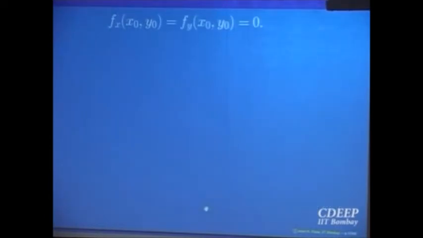Now we are going to analyze local maxima, minima, or saddle points, and these are among the critical points only. So the first condition is that the first order partial derivatives at (x0, y0) should be equal to 0, like a function of one variable. First derivative is equal to 0, then among them we check whether they are points of local maxima or minima, by the first derivative test or second derivative test.